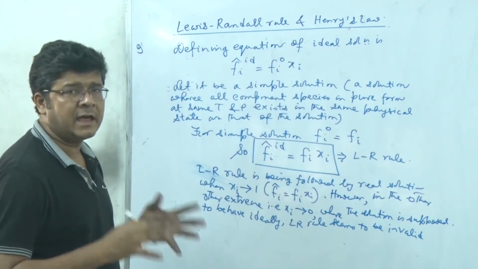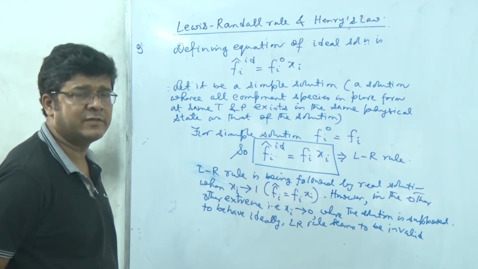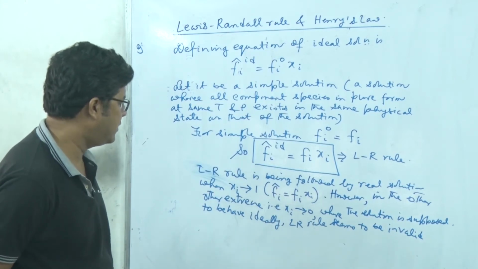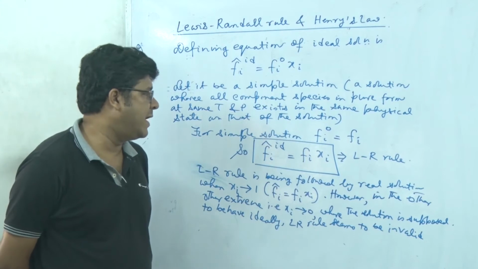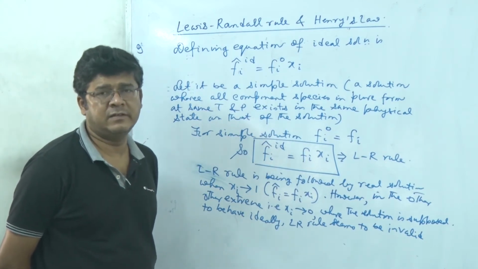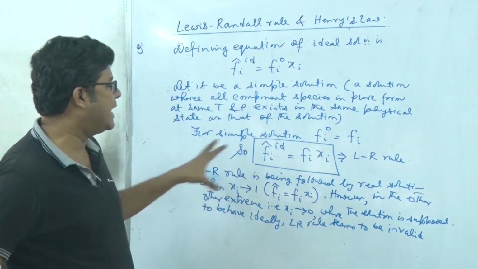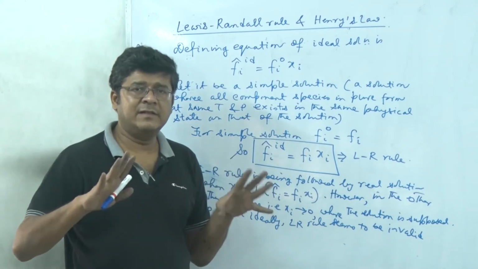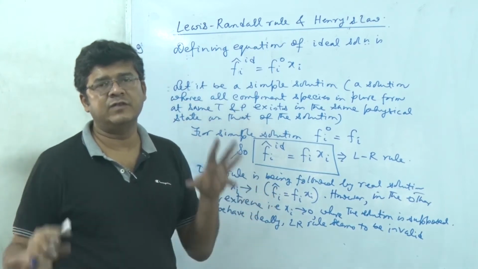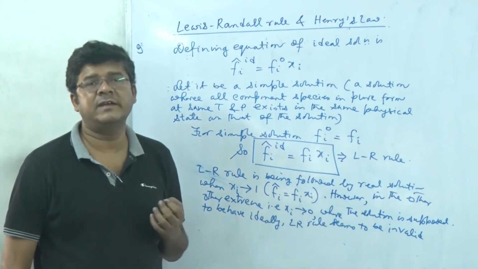So for the entire family of non-simple solution at infinite dilution as well as with this near purity state, the LR rule is invalid because the components are not existing in the same physical state as that of the solution, whereas on the other hand, see, a real solution behavior must approach to that of ideal solution at infinite dilution and near purity state, that is xi tending to 0 and xi tending to 1.